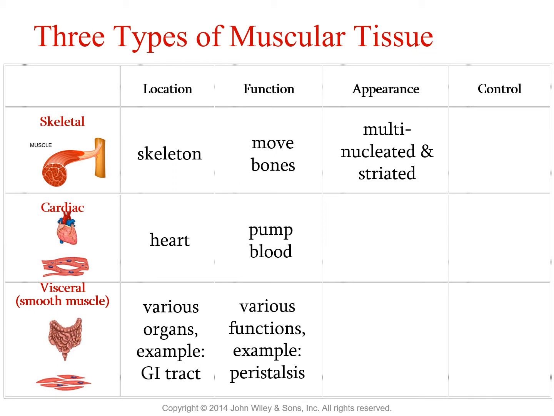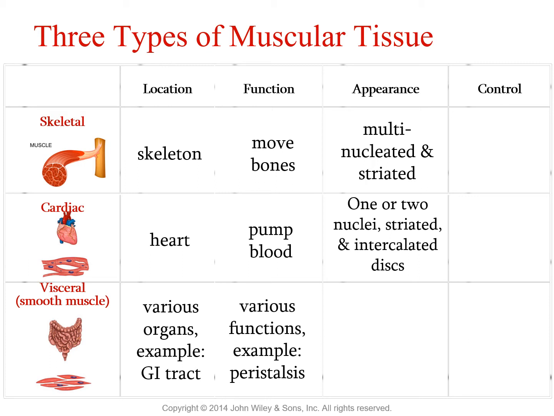In terms of appearance of the cells of these tissues, skeletal muscle cells are called fibers because they are long, fibrous type structures. They are multinucleated and have visible lines called striations. Cardiac muscle cells have one or two nuclei, so they're uni or binucleated.